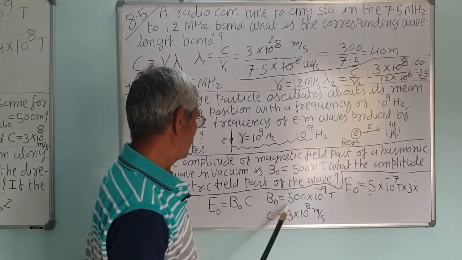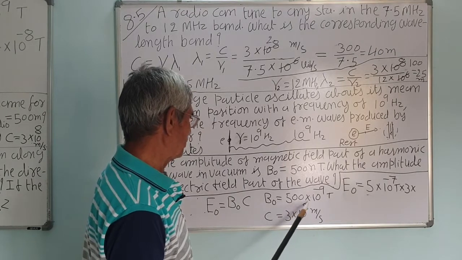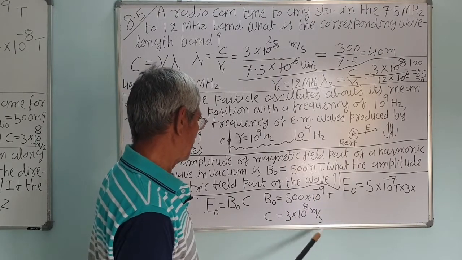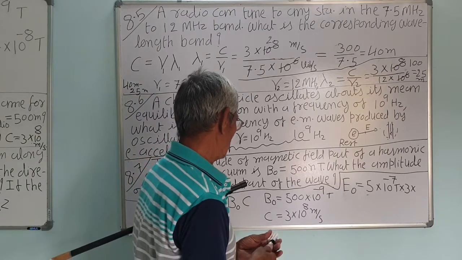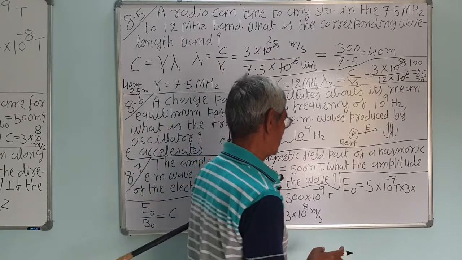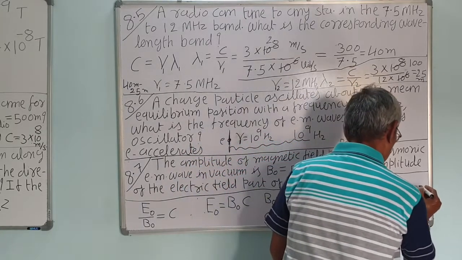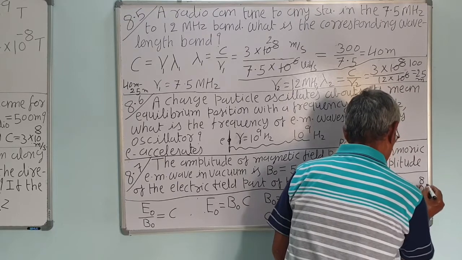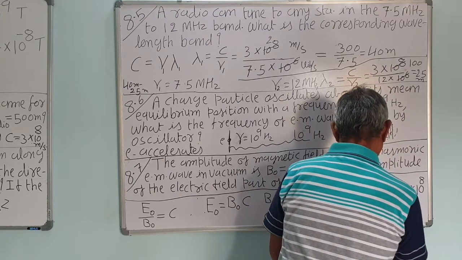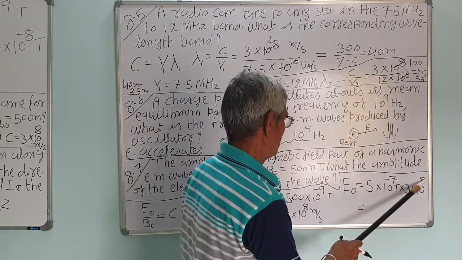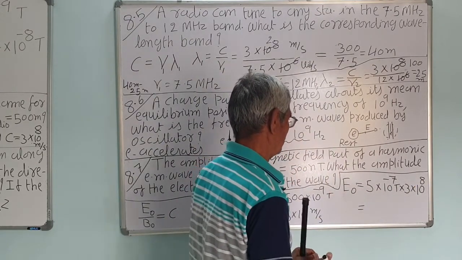So B0 is equal to 500 into 10 raised to minus 9 Tesla, and velocity of light 3 into 10 raised to 8 meter per second. We can write this as 5 into 10 raised to minus 7 Tesla into velocity of light 3 into 10 raised to 8 meter per second, correct, and that is equal to, minus 7 and 8, that is plus 1, correct.